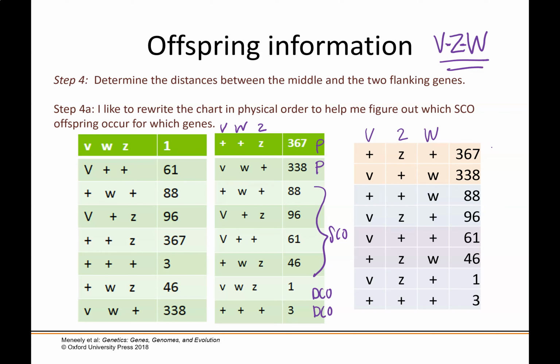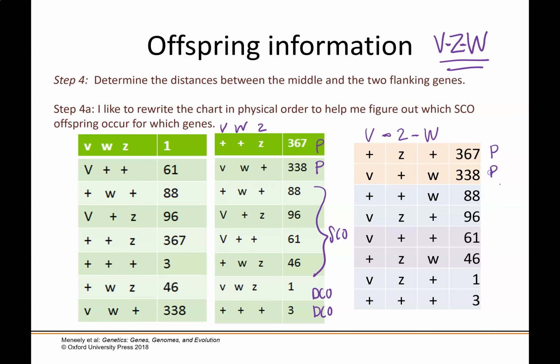I do this because it helps me to visualize, okay, I'm looking for changes between VZ or changes between ZW. You can do it that way if you would prefer. I will probably do it this way in any of my examples that you watch. If you do this, be really careful that you copy things correctly. Take your time and do it slowly.